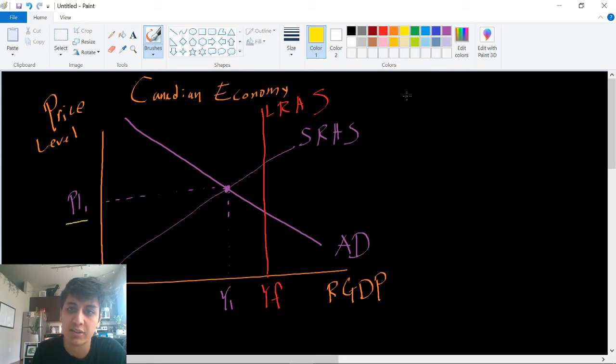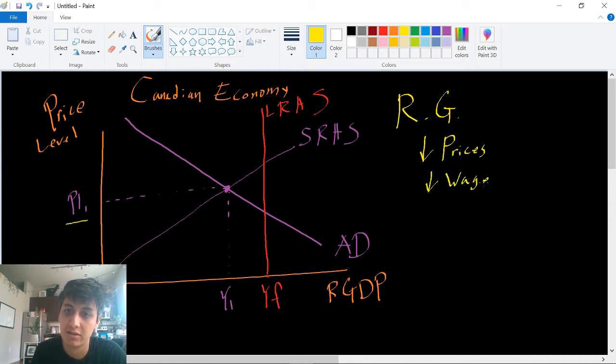Usually in a recession, if we have that recessionary gap, what this is going to do is going to lead to a decrease in prices. And it's going to lead to a decrease of wages. Things are getting cheaper, people are getting paid less.